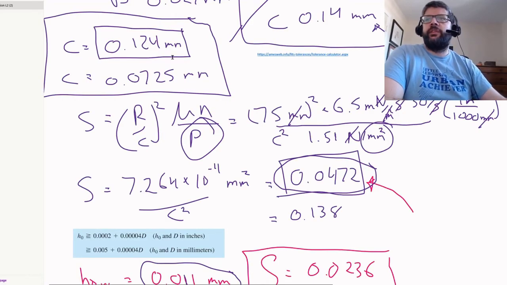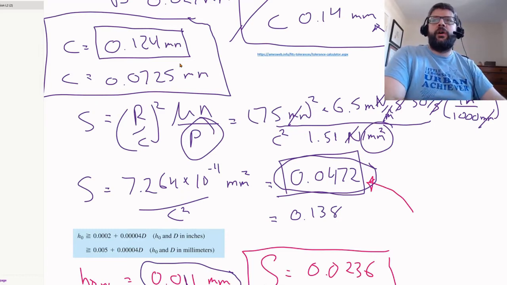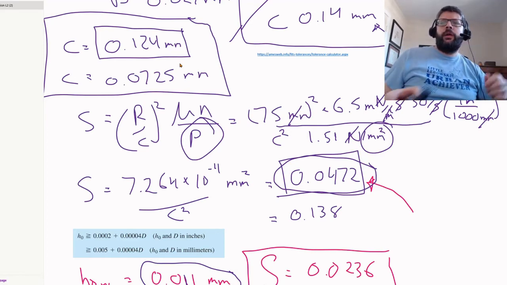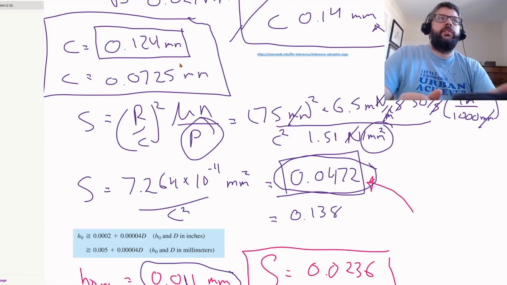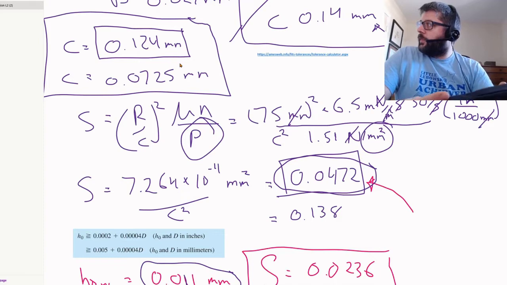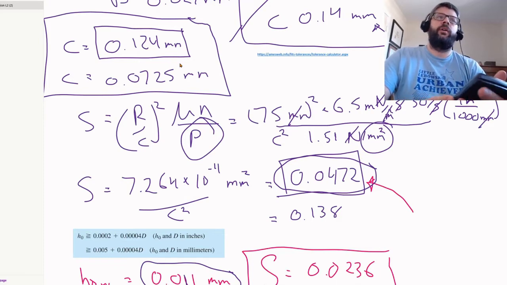So if we changed our clearances so that we weren't able to get as high a clearance on the large end, then we might be able to adjust our allowable tolerances such that they result in an allowable safety factor for our H naught.